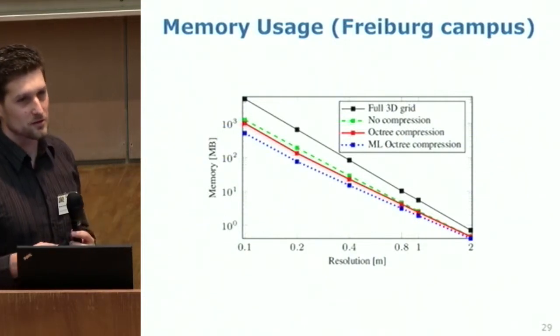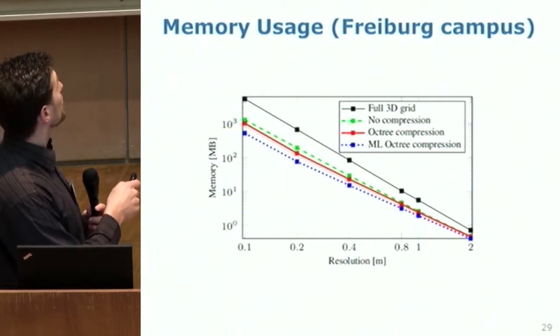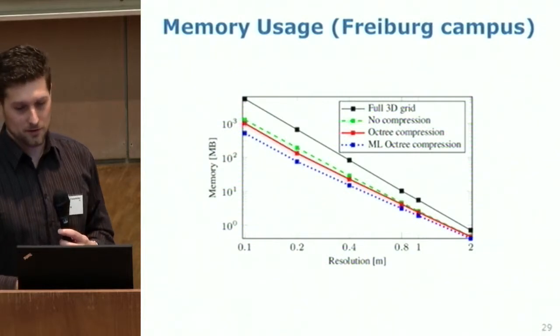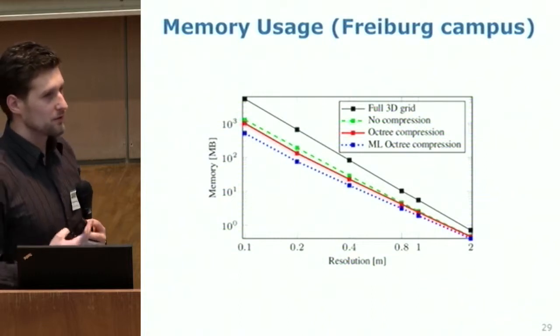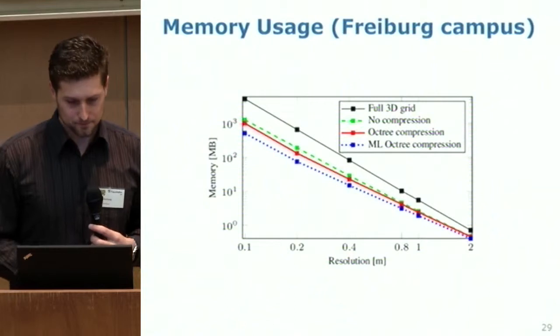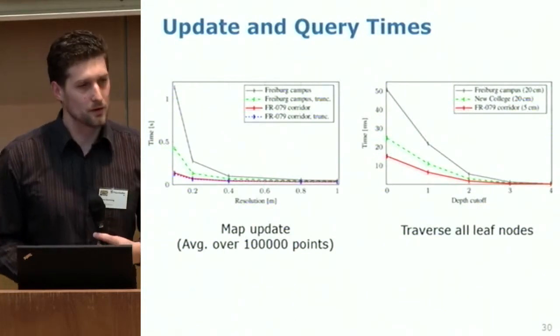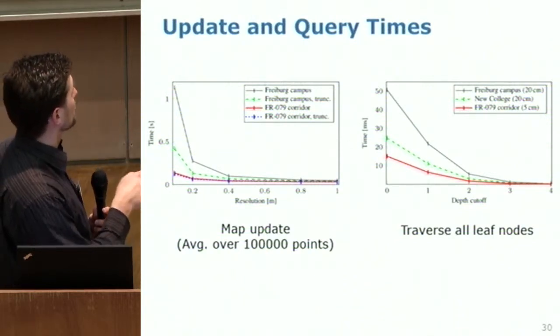So this is already larger than any 32-bit system can actually store in memory. Whereas the Octree is 1 gigabyte if you use Octree compression, and if you use only the maximum likelihood Octree and keep it in memory, you can perform a more efficient compression, which goes down to 500 megabytes at the smallest resolution of 0.1 meters, 10 centimeters. If you change the resolution, of course, you'll need less memory.